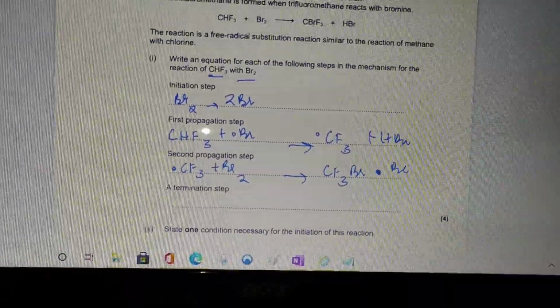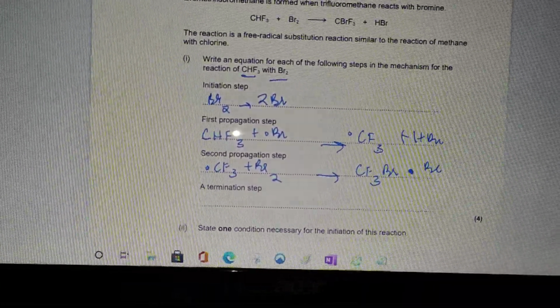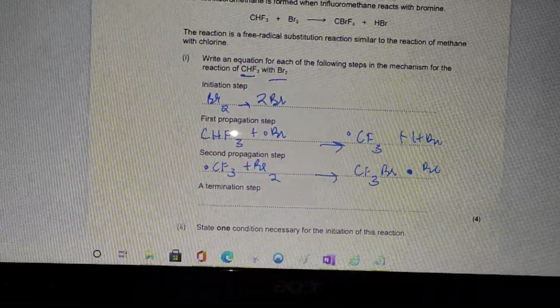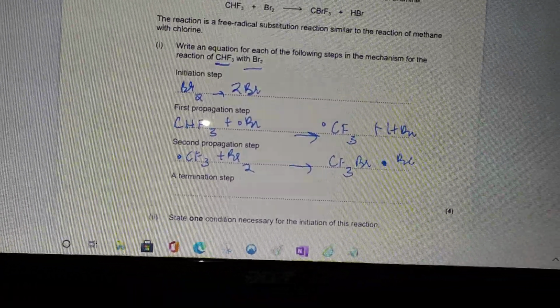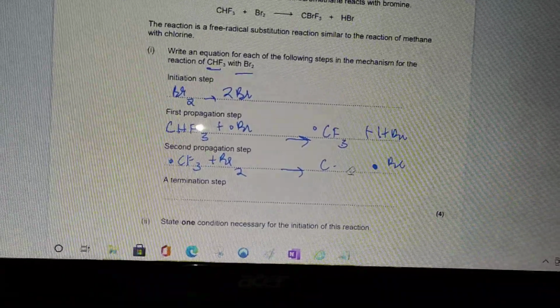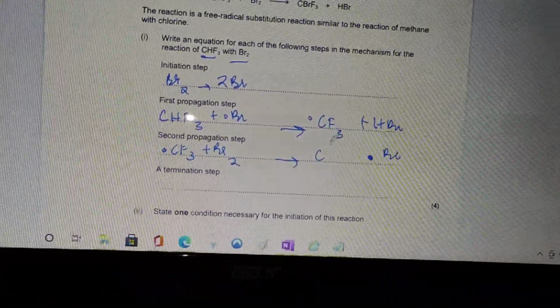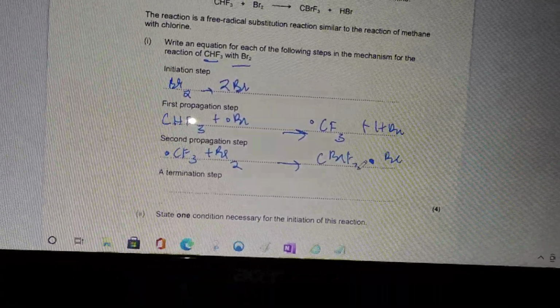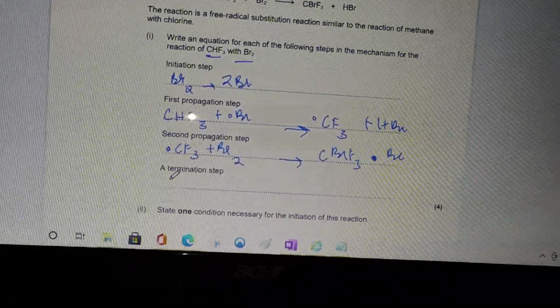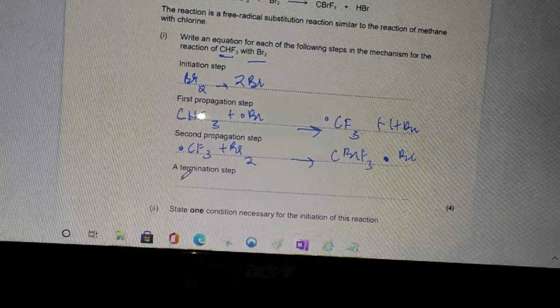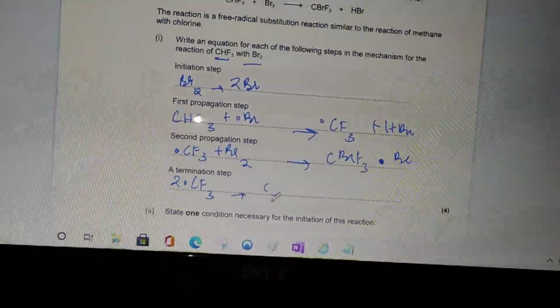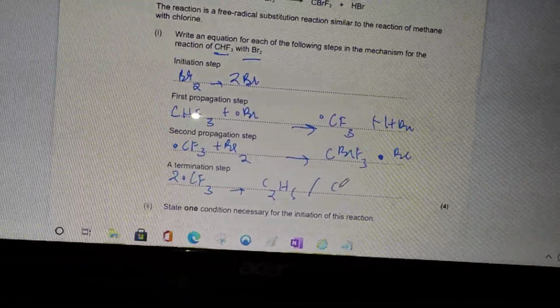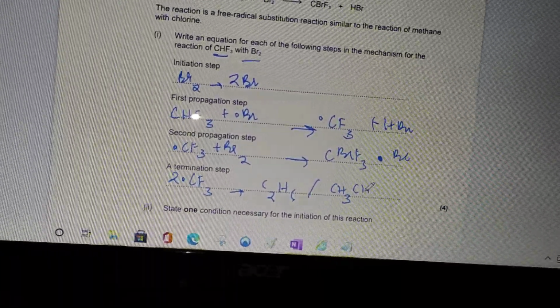It's actually going to be added on at the end, if that would be slotted in the middle. Termination step, as I taught you, you have to use that product.